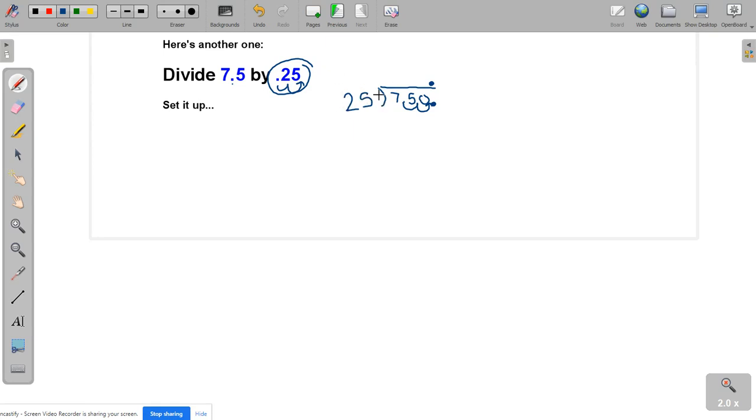So we have 2 digits that we're dividing by. Take these 2 digits and take it to the next 2 digits. So how many times does 25 go into 75? Think of quarters. If we count by 25 or quarters, it takes 3 quarters to get to 75. So 3 times 25 is 75. We subtract and we get 0. We have to always bring down, no matter if you end up with a 0.